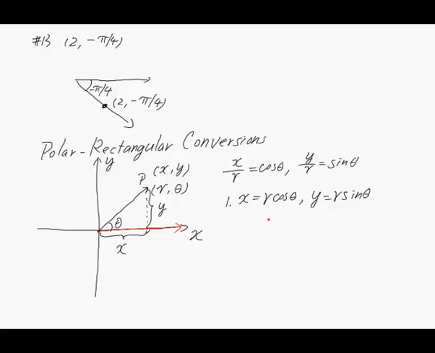Now, suppose I know the rectangular coordinates of this point. How do I find the polar coordinates of this point? So this time, we know in this red triangle, this side is r, right? So by the Pythagorean theorem, we have x squared plus y squared equal to r squared.